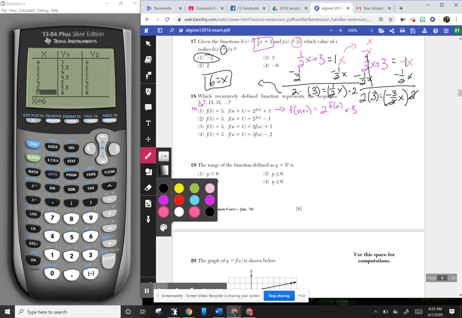Okay, and we already know f of 1, right? So we know, put this off to the side, we know f of 1 equals 3. Well, if we wanted to find f of 2, that would be f of 1 plus 1. So in this case, n is 1.